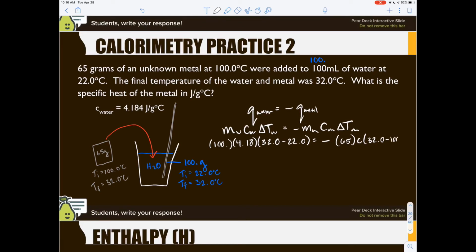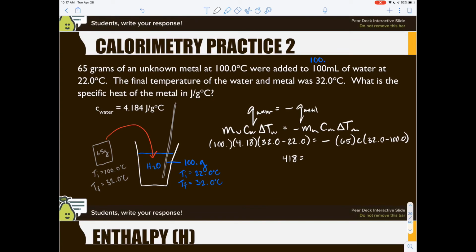So that's where we're going to get some weird math here, okay, because it's going to experience a negative temperature change, negative 68 degrees. But because of this sign here, that will cancel. Everything on the left-hand side is positive, so mathematically it's totally appropriate, okay? So on the left-hand side, we'll get 418, should have been able to do that in my head, 418 equals 68.